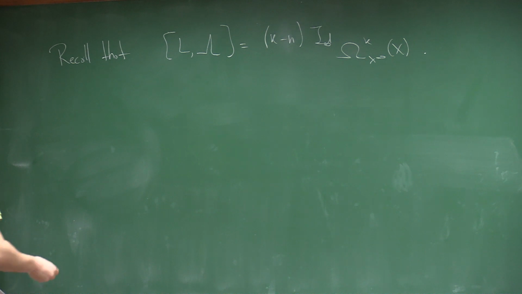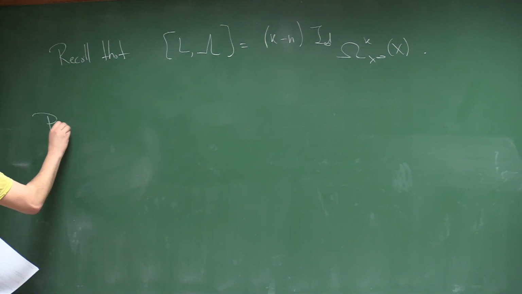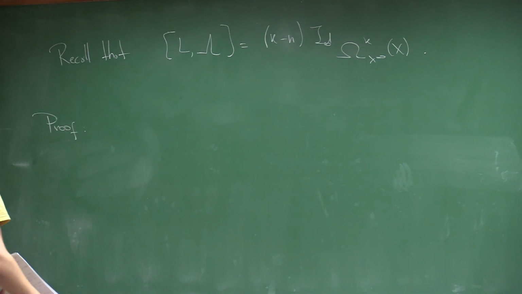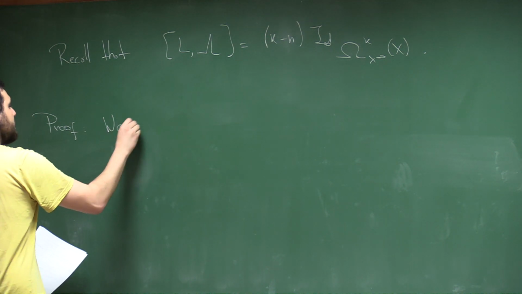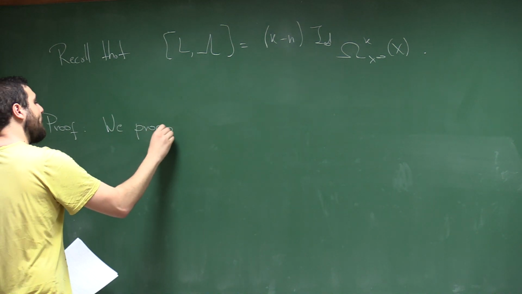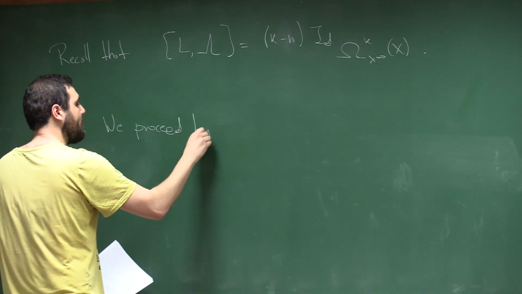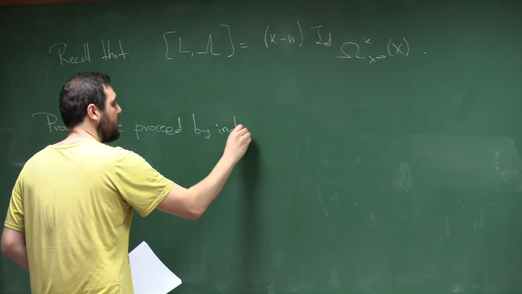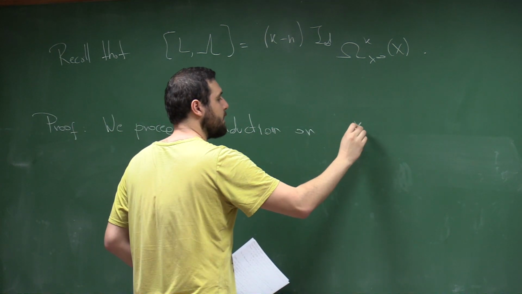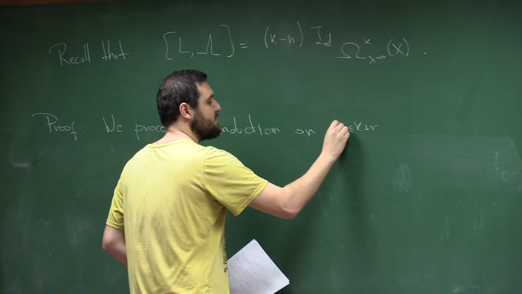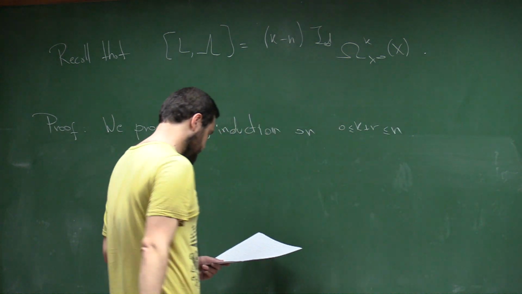Okay. So the proof. Okay, the proof is simple. So we proceed by induction on k plus r, that is between 0 and n, right?